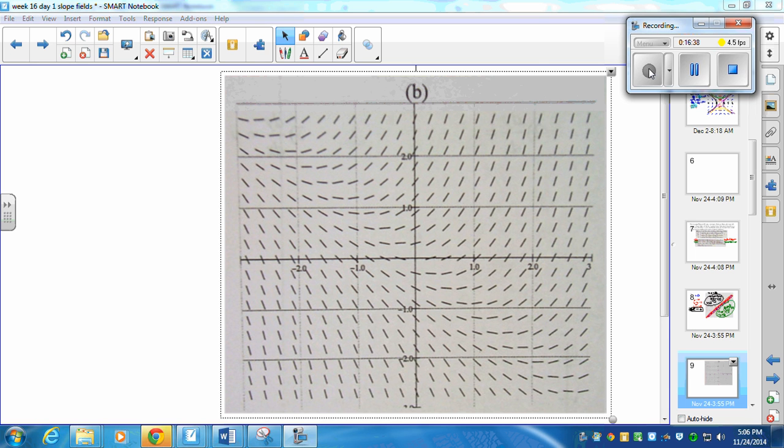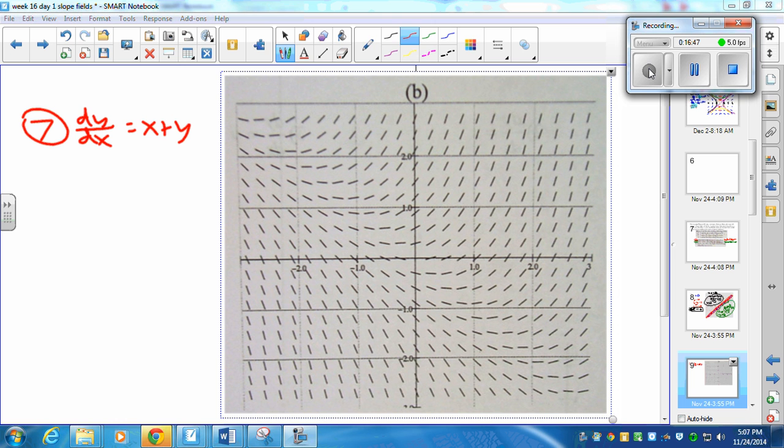All right, so this one is 7, which is dy dx equals x plus y. Here's why. I focus on the exact same idea of flat, flat, flat, flat.